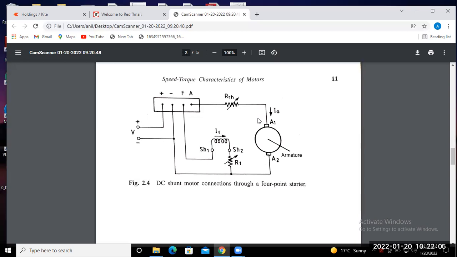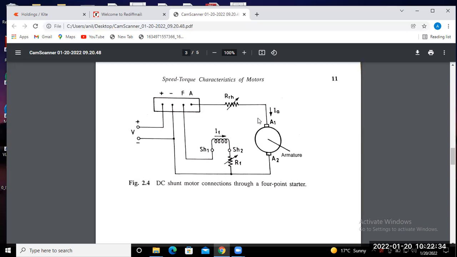We will discuss these things and the derivation in the next class. So we stop here, and in the next class we continue from this point, how we can derive the speed of this DC shunt motor in relation to the torque of the motor.